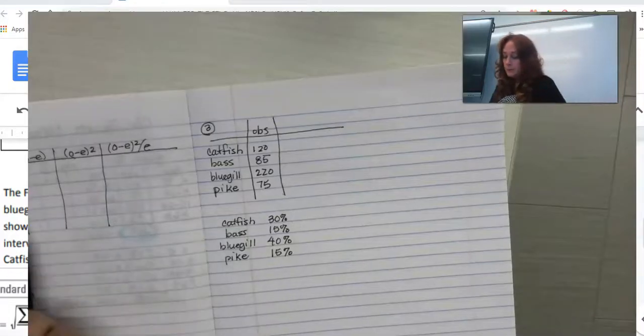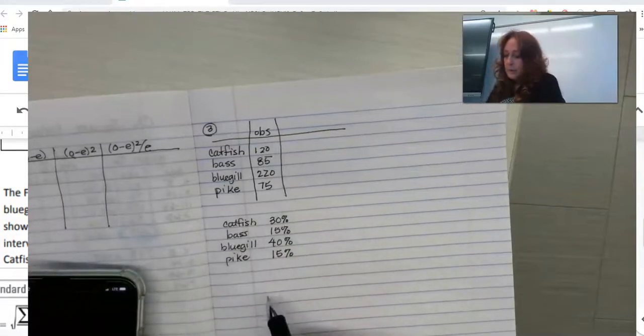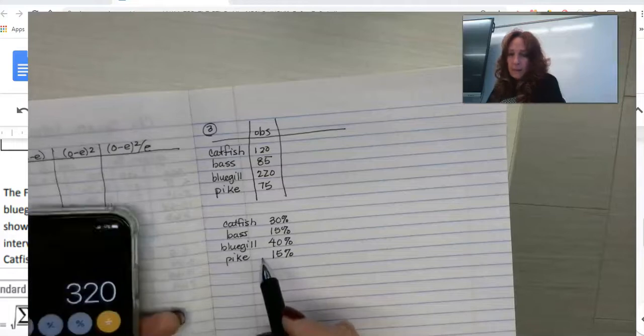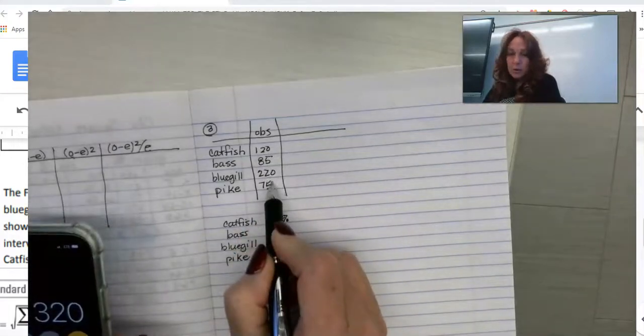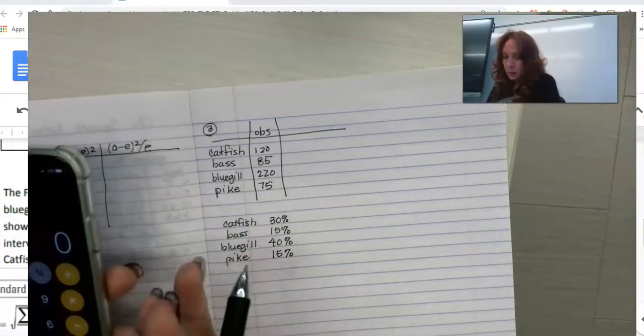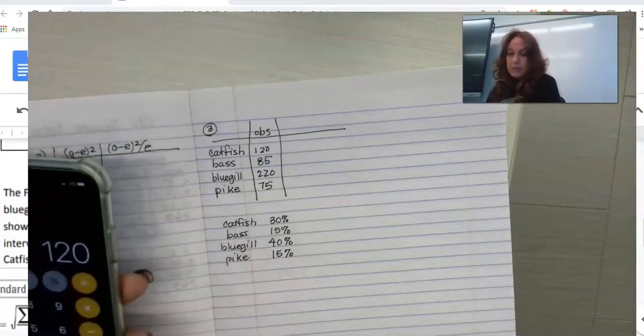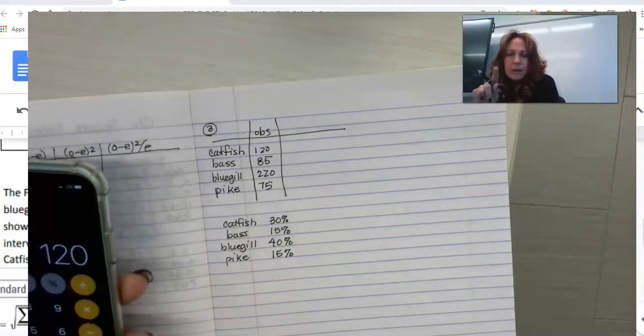So I wrote all this up from the information in the question. First thing I'm going to do is total my observed values. I would expect 500 because that's what they told me. I could add them in my head, but your head's a liar. You need to not do things with your head.